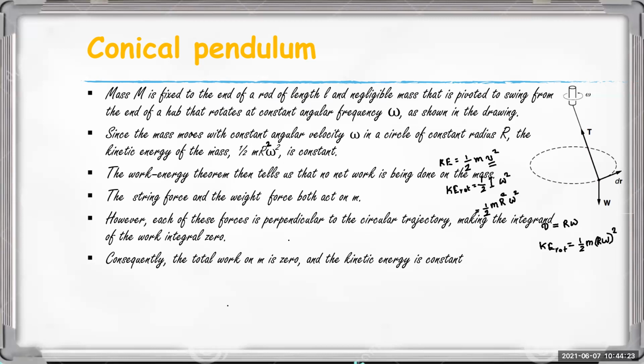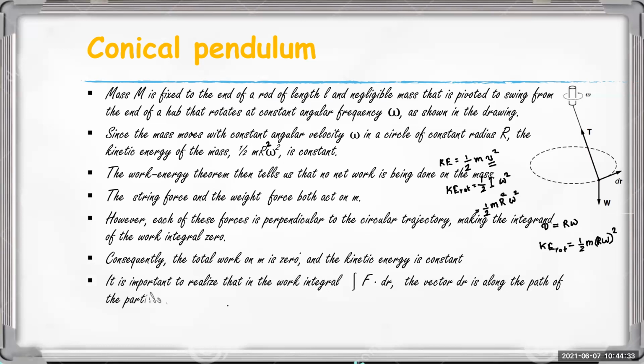Here, using the work energy theorem, we verify it. Here it is important to realize that in the integral F dot dr, the vector dr is along the path of the particle.